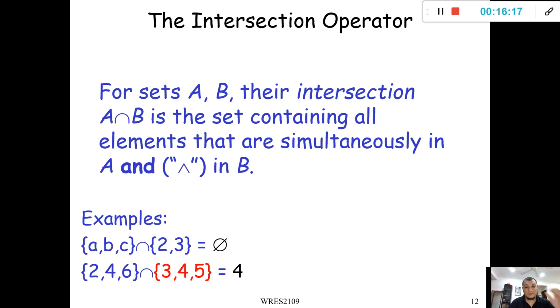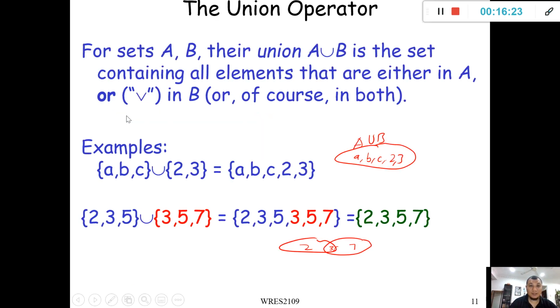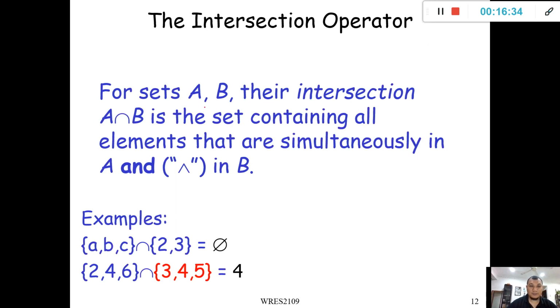For sets A and B, their intersection, A intersection B. Okay, this is union, which is more to OR. And then for sets A and B, the intersection is all elements that are simultaneously in A and B. So you have here AND.